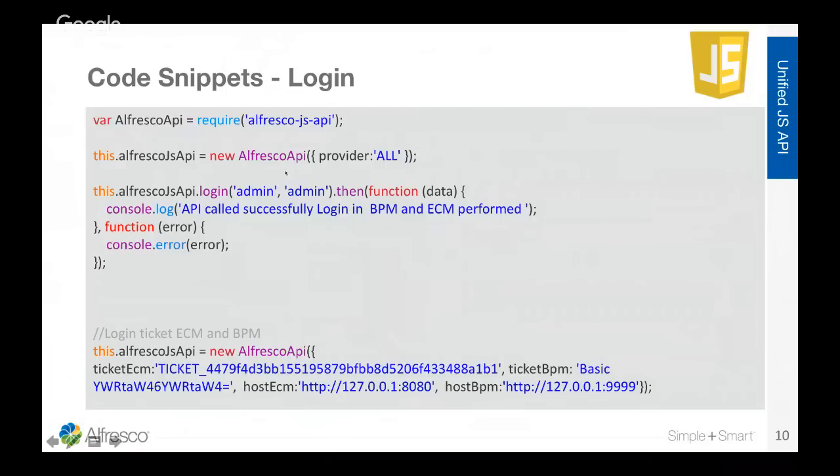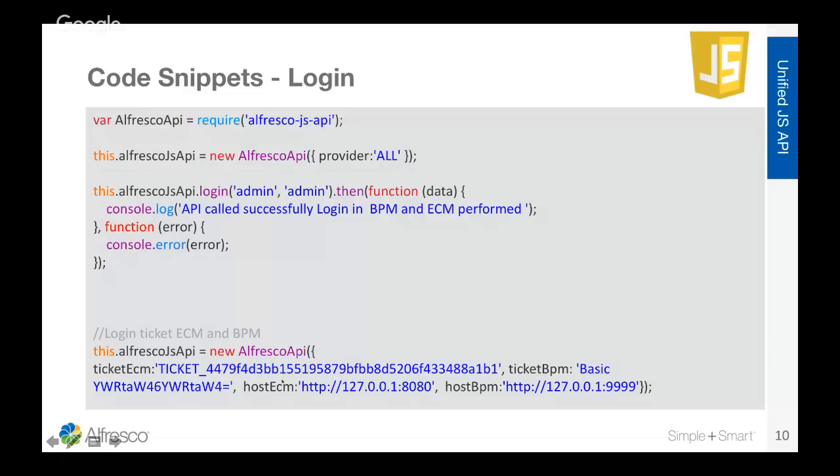As we accept the username and password authentication, we also accept the ticket authentication. So if you don't want to pass the username and password because you already have the ticket of the ECM or of the BPM platform already stored somewhere, you can use this way to log in. You will be logged in just using the tickets.